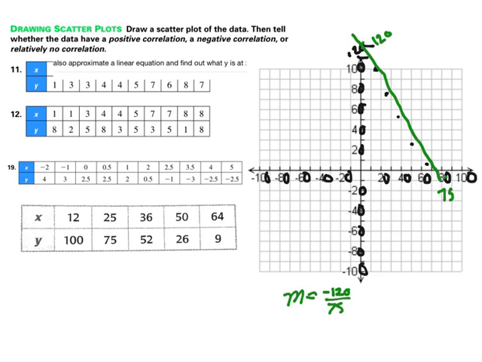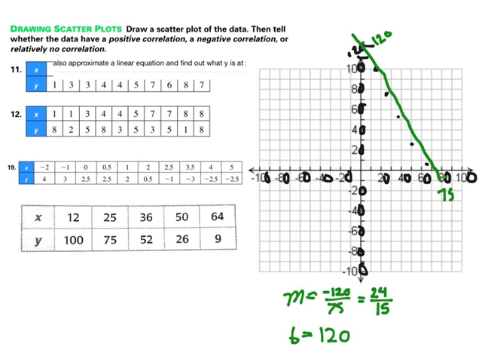Our y-intercept we stated was 120. Our negative 120 over 75 reduces to negative 24 over 15, since 5 goes into 75 15 times.